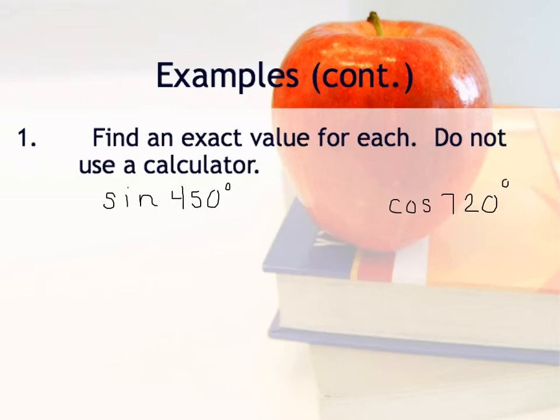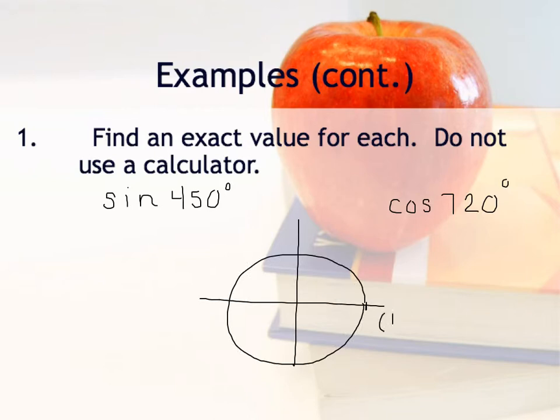Here we want you to determine the exact value for each of these trig ratios. So the sine of 450 degrees. Again, we always want to begin at our starting point, which is at (1, 0). Notice this angle that we're finding the sine of is positive, so that's a counterclockwise direction.